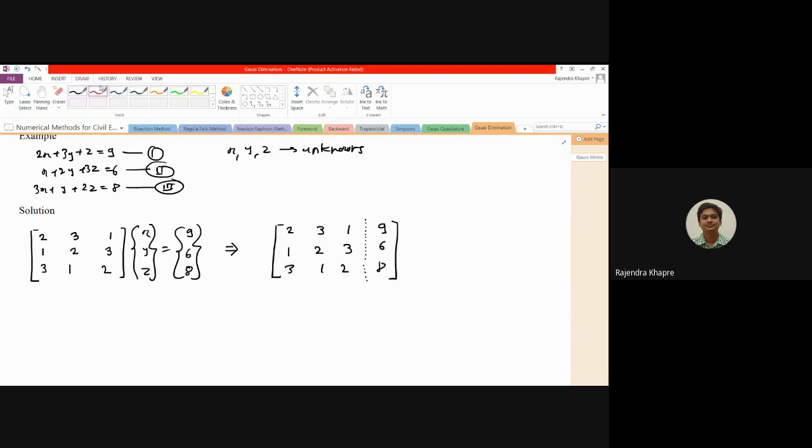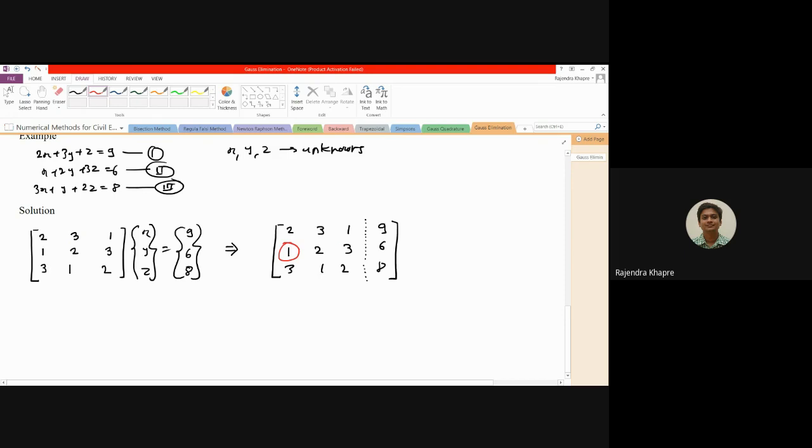Now, as far as the Gauss elimination method is concerned, we have to eliminate this component and this component, so that the matrix becomes an upper triangular matrix. To begin with, let us focus on this particular element.